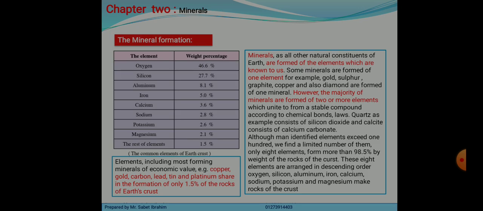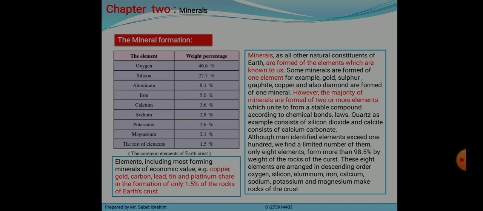And now we will take a look at the minerals, as all other natural constituents of Earth are formed of elements which are known to us. Some minerals are formed of one element, like gold, sulfur, graphite, copper, and also diamond.